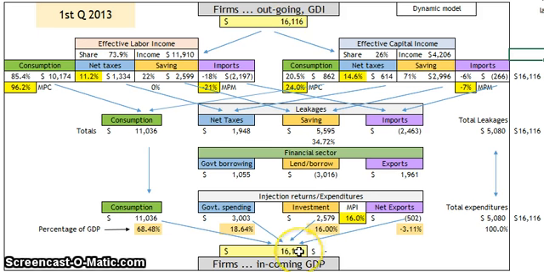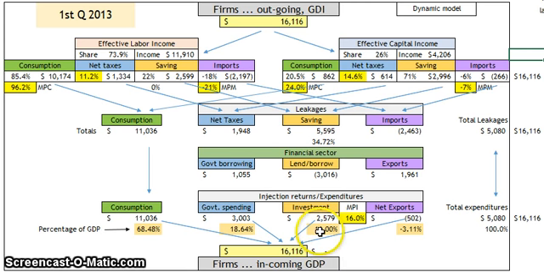The way the constructs are set up here as far as the marginal propensities to consume, marginal propensities to save, net taxes, all that is set up so that as the economy goes through its rounds, with the financial sector injecting as it's injecting, there's going to be an equilibrium set up at $16.116 trillion for real GDP. And then that becomes the effective demand limit.